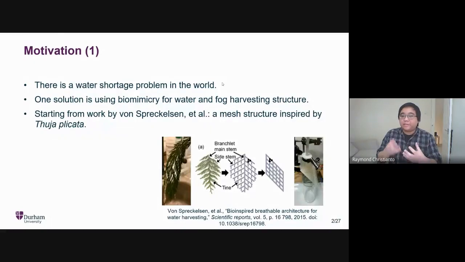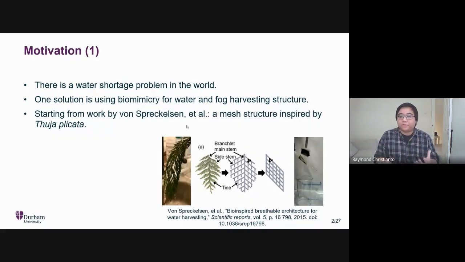They studied the macro, micro, and nanostructure. And what they did is imitate the macrostructure, 3D print it, and then they found that it has the same water collecting ability, which is very unique because it doesn't have any special superhydrophobic or superhydrophilic surface, no micro or nanostructure, just a simple 3D printed surface.